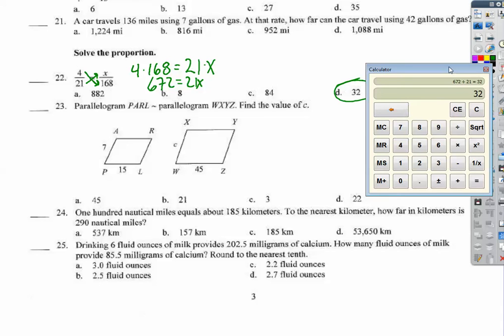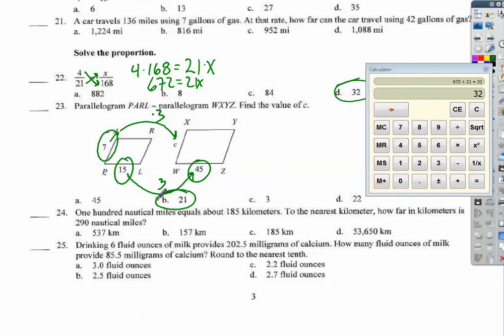Find the value of C. Well, I can see that side length PL corresponds to side length WZ. So what do I multiply 15 by to get 45? Well, 3. So whatever this side length is, 7, times my scale factor of 3, I'll get C. And 7 times 3 is 21.